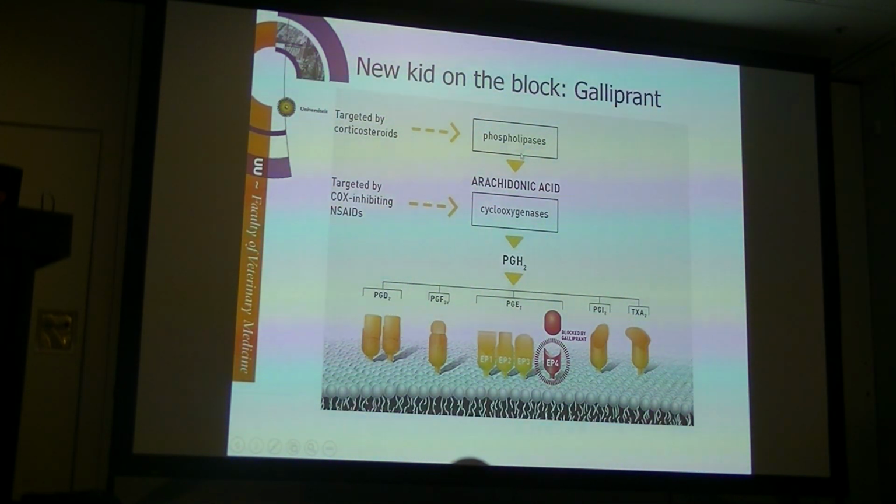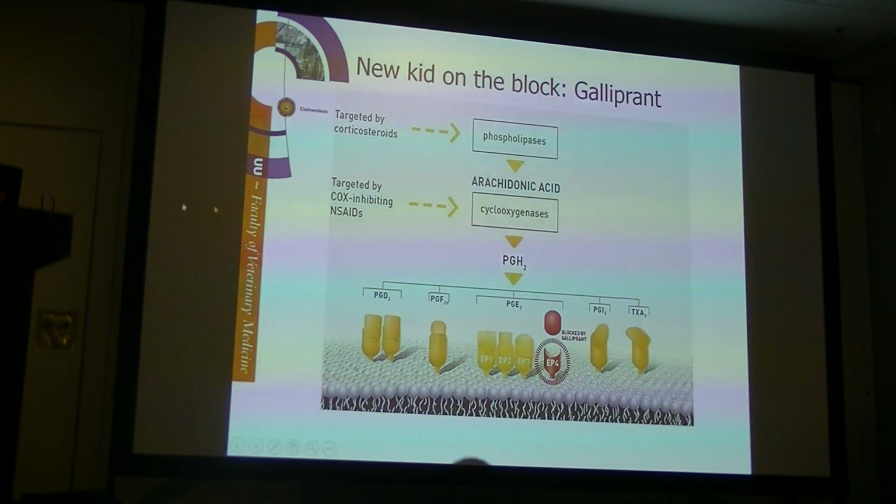It works a stage lower in the cascade, in the arachidonic acid pathway. So it will antagonize the EP4 receptor. And the EP4 receptor is the receptor that is involved in the PGE2 release.